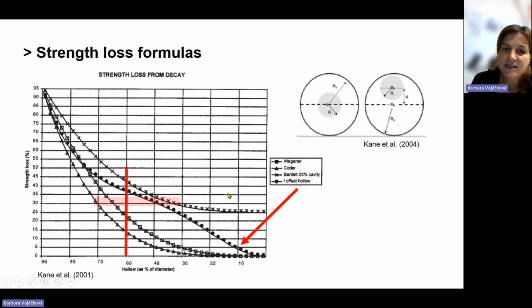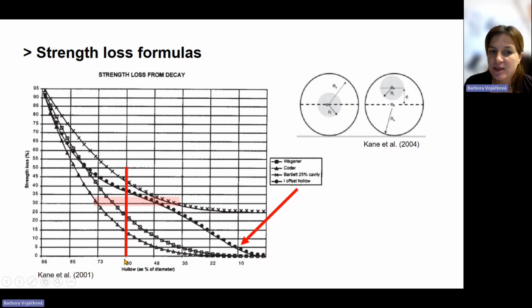So what we can see on the graph are different approaches: Wagner, Coder, Bartlett, and the one calculated from Kane. And what they are telling us is what is happening with the strength loss criteria when there is some hollow.